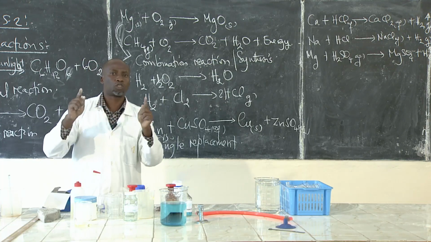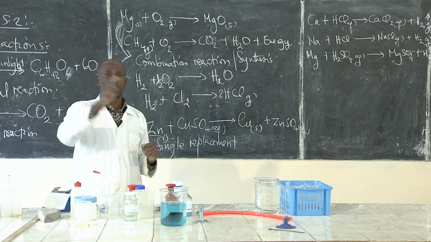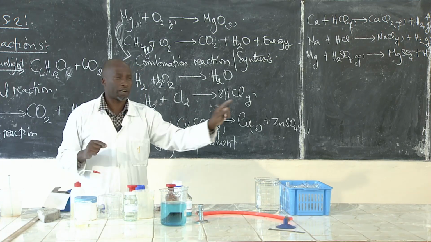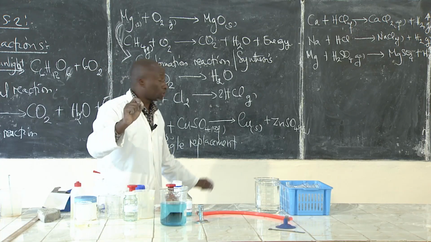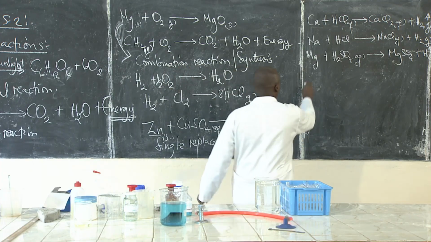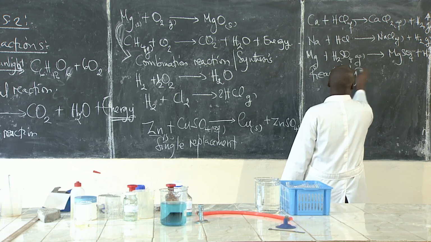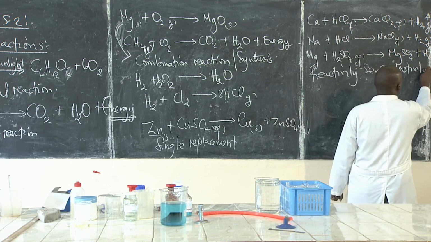But for this reaction to occur, this is something very important that you need to note. These single replacement reactions that we have seen depend on what we call the reactivity series, or sometimes called the activity series.